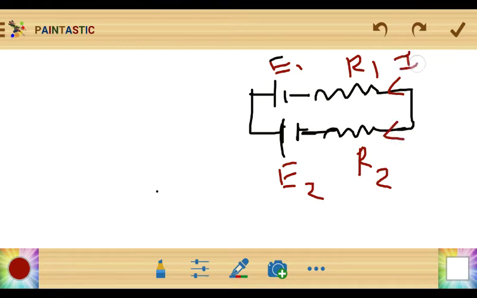This is I1 and this is I2. Okay, this is the current direction, left to right. And this is the loop A, B, E, F, A.